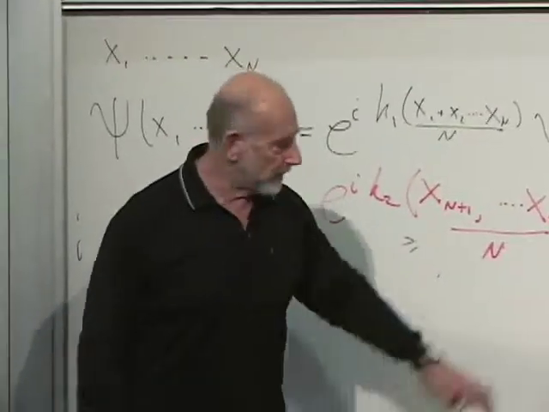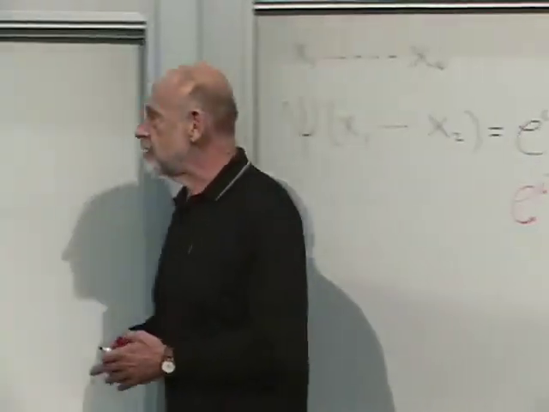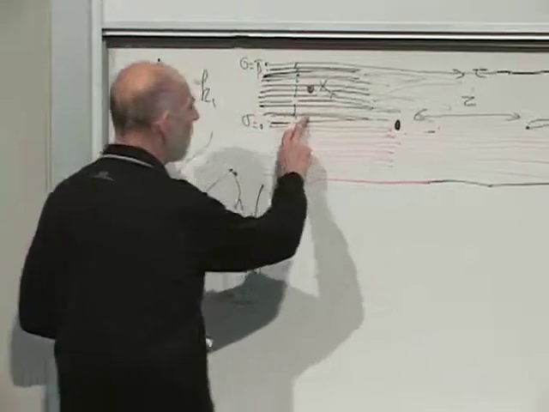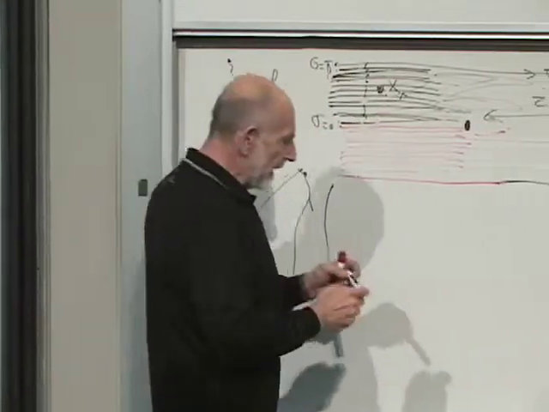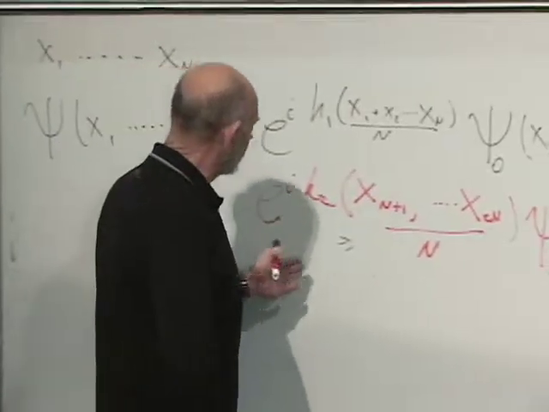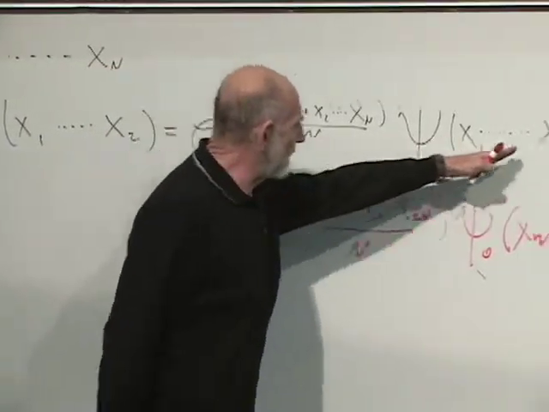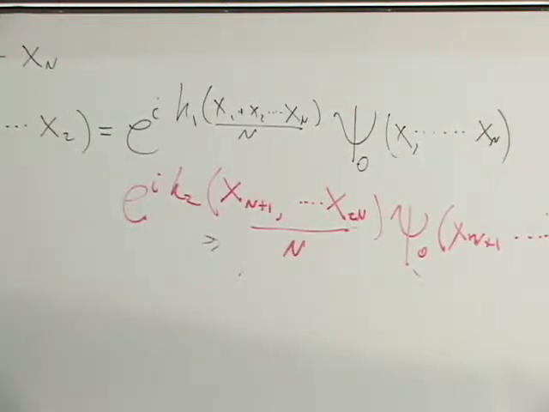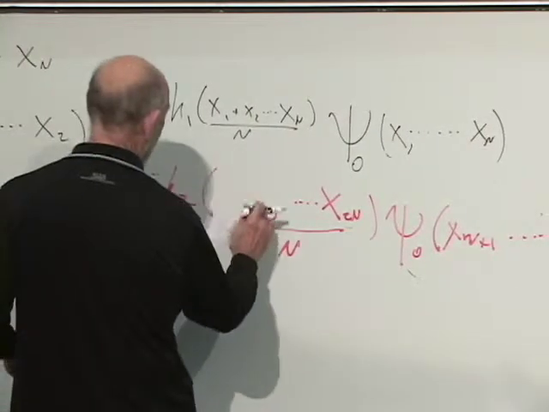So you begin with this. The next step is to say, let the nth particle on the first chain be at exactly the same place as x(n+1). All right, so we're going to put in here then xn.